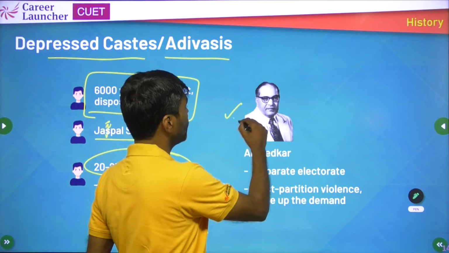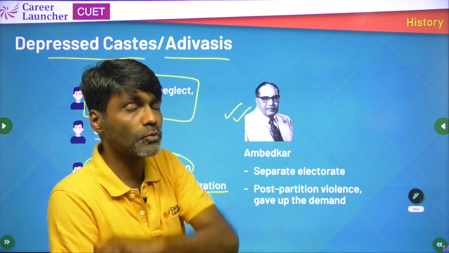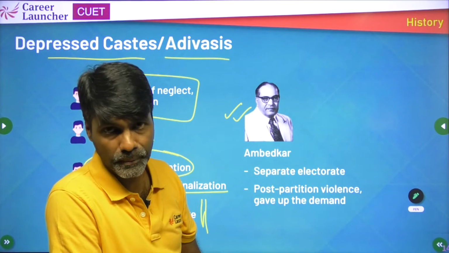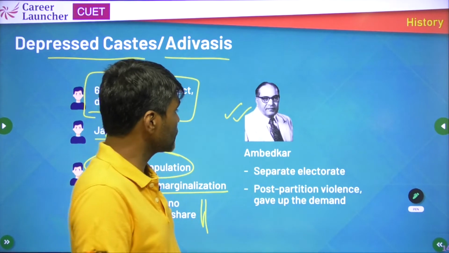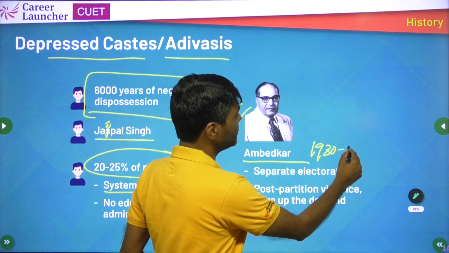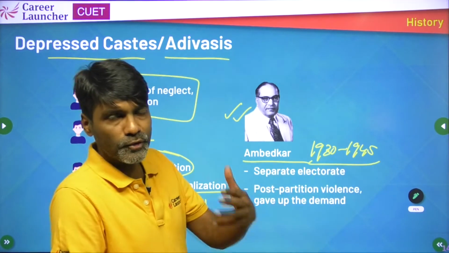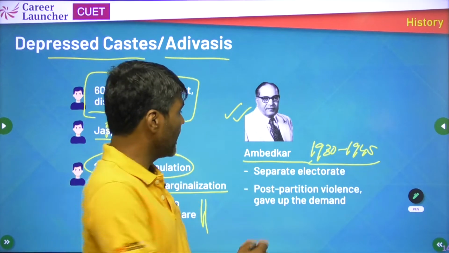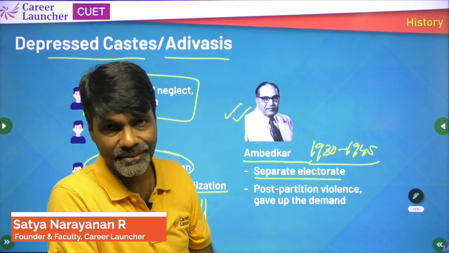And the champion of this amongst many people in the framing of the constitution was Dr. BR Ambedkar as well. But a very interesting thing, there was a time when Dr. BR Ambedkar, up till the 1930s, up till 1945, was a votary, a supporter of having a separate electorate for the backward classes.